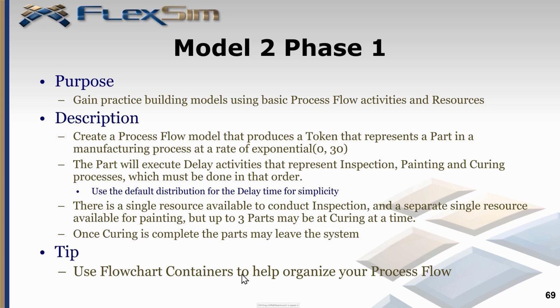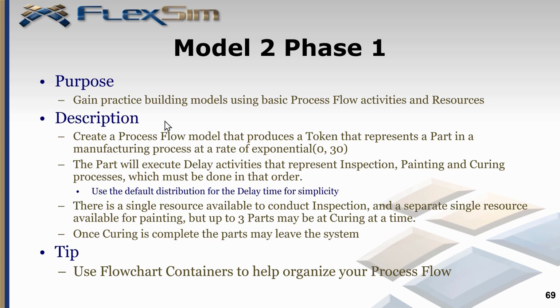Okay, it's now time to build the first phase of our second model. The purpose of this phase of Model 2 is to gain practice building a model using the basic process flow activities and resources. The description. Create a process flow model that produces a token that represents a part in a manufacturing process at a rate of exponential 0, 30, so an average of 30 seconds.